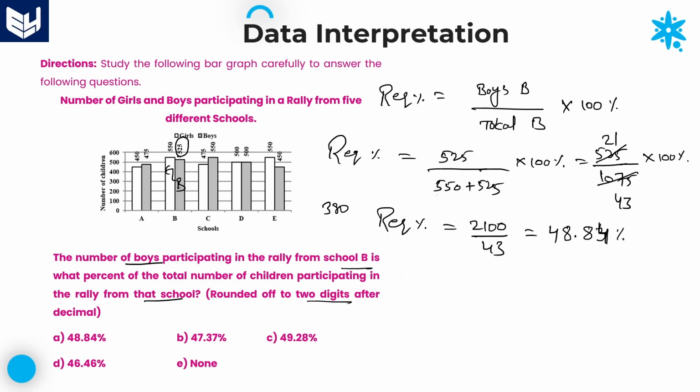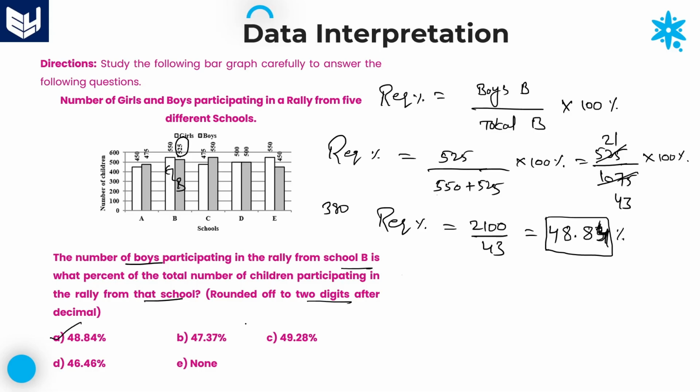Because if you take 3, we don't have an option related to 3, but we want the answer up to 2 decimal digits. If you observe carefully in the given options, 48.84 is there. So you can keep the answer as 48.84. Option A is the right answer.